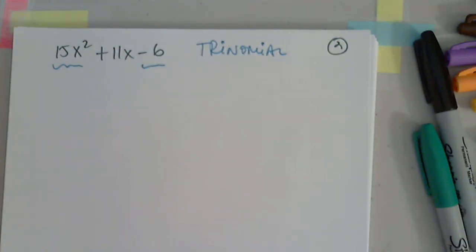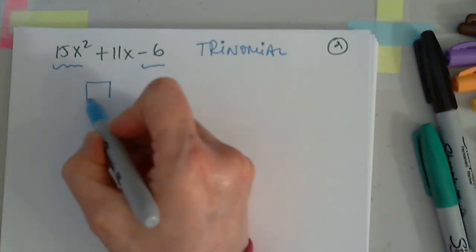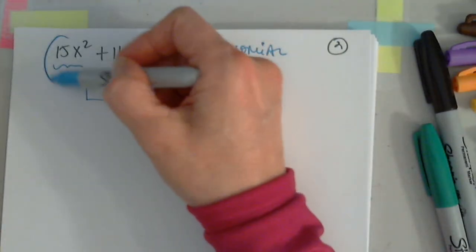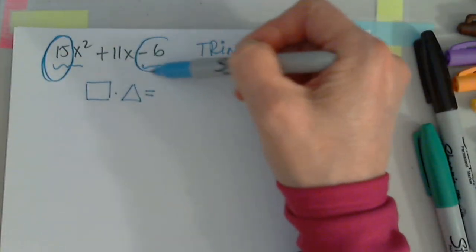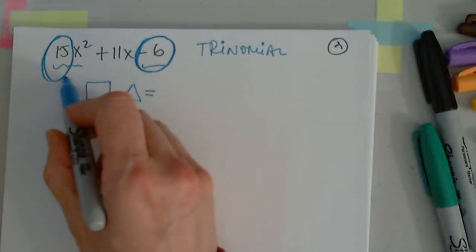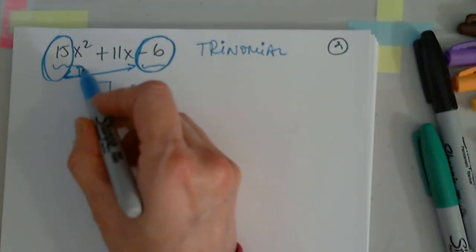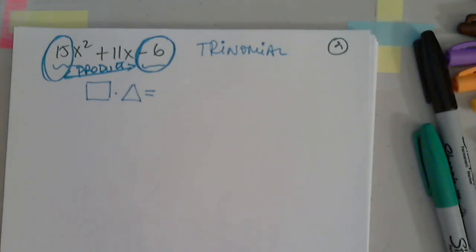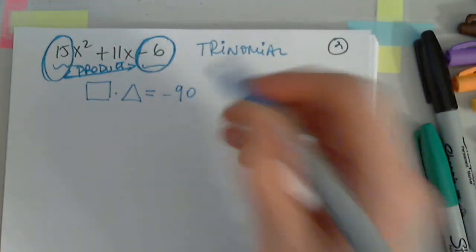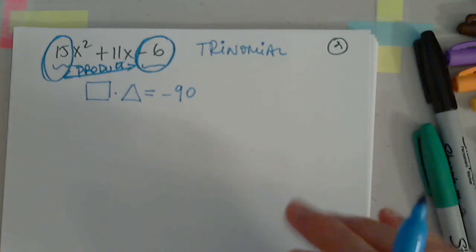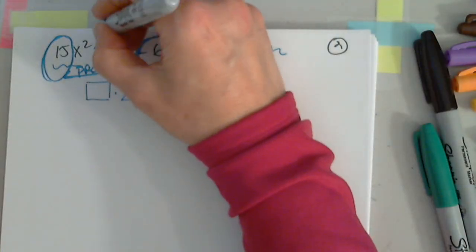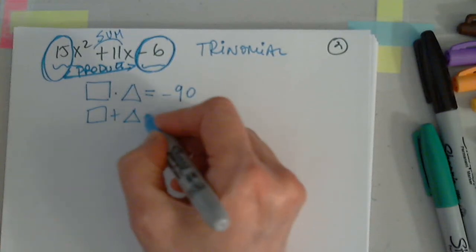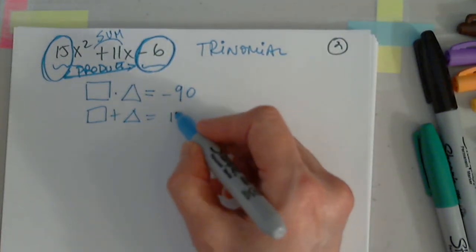What can be done? I can try to find two numbers whose product is this. This is the product, 15 times negative 6, which is negative 90. And this will always be the sum of the numbers I'm looking for, the same numbers.